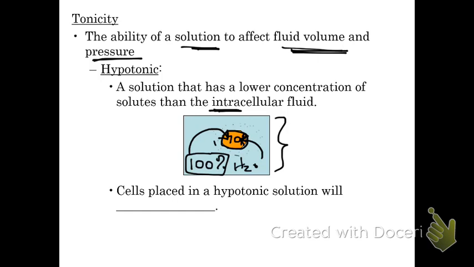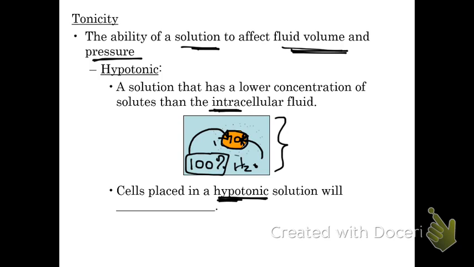And so what we're going to say is that cells that are placed in a hypotonic, so remember hypo means lower or less, tonicity, so the water has less stuff in it. It is pure water. There's less stuff. It's 100% water. There's zero stuff. We would say that's a hypotonic environment.